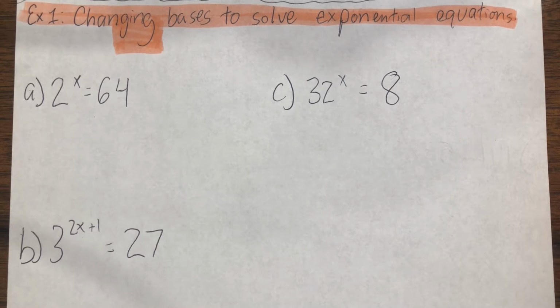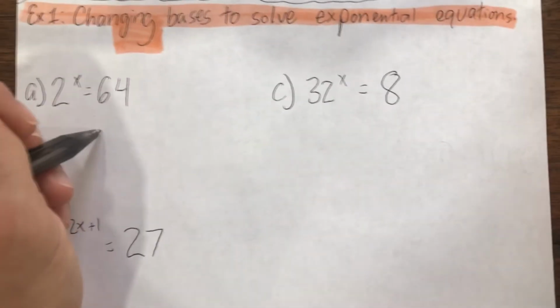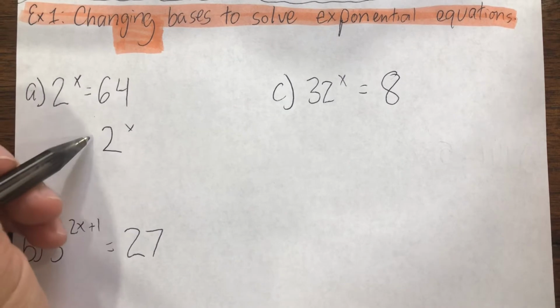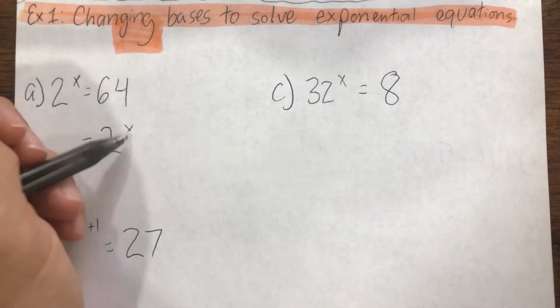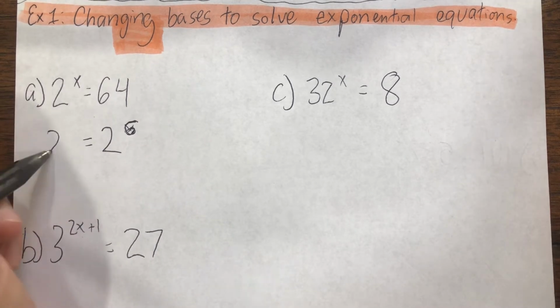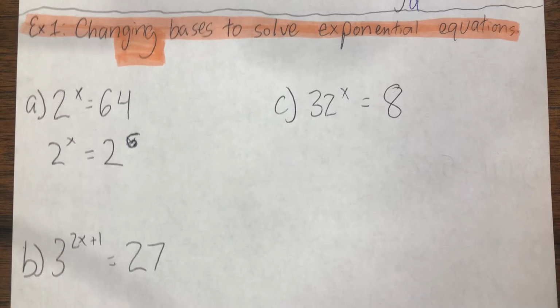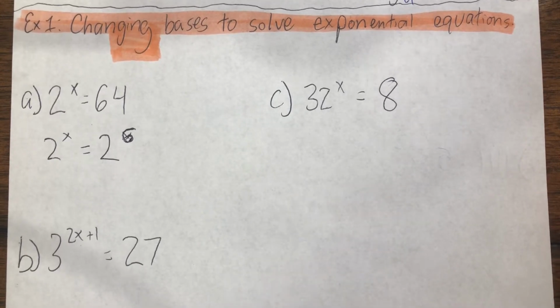If you guys said 6, then you're absolutely right. So if I were to multiply 2 six times, I would end up with 64. So I'm going to rewrite 64 as 2 to the 6th power, so 2 to the x power equals 2 to the 6th power.